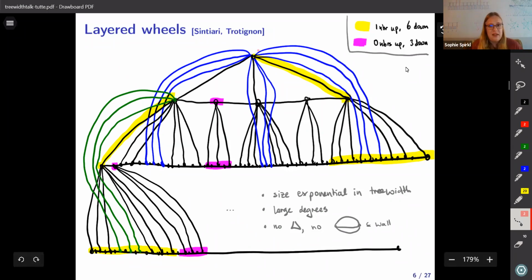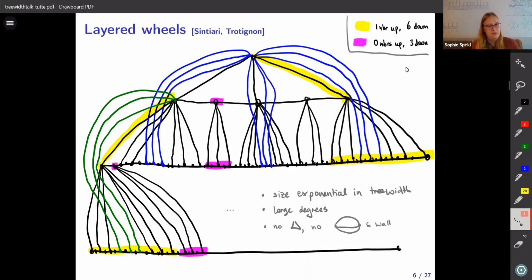Another thing is that these have vertices of huge degree, right? If you think back to walls, they didn't have vertices of degree 4 in them. But here, this blue vertex will gain more and more neighbors on each layer. So it'll have tons of neighbors if you want large tree width. But it doesn't contain any of the other stuff really.